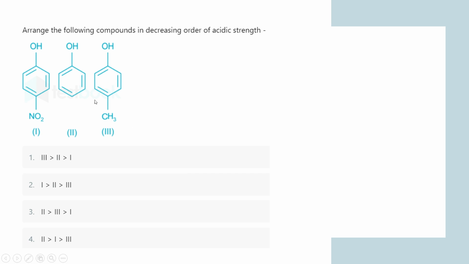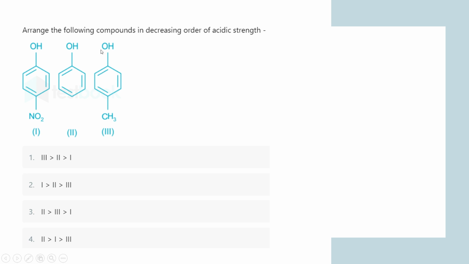But in case of methyl substituted phenol, after the formation of the anion on oxygen atom, it is already electron rich, and it will try to donate its electron pair to the ring. But in case of the para substituted methyl, it is also from this direction giving up its electrons.